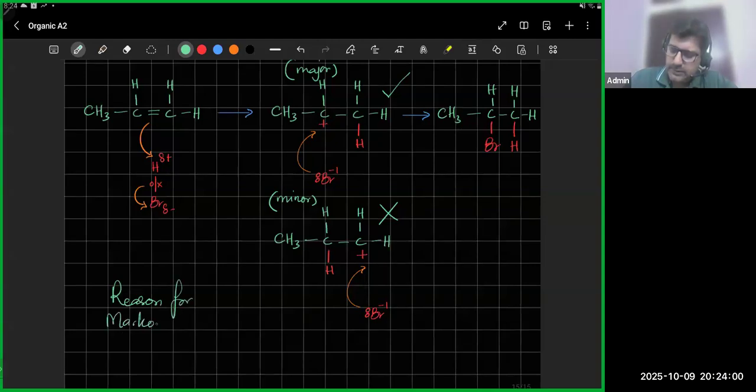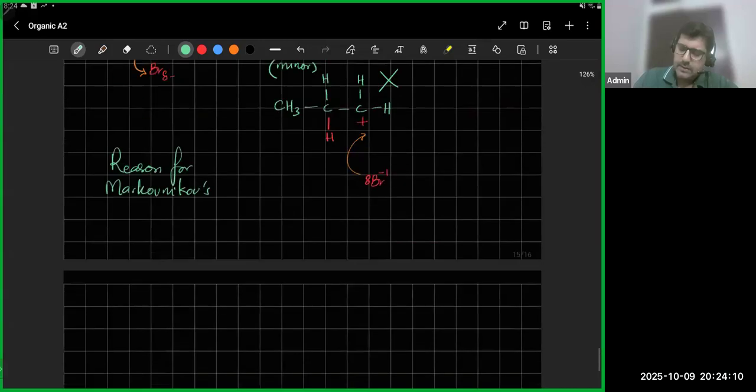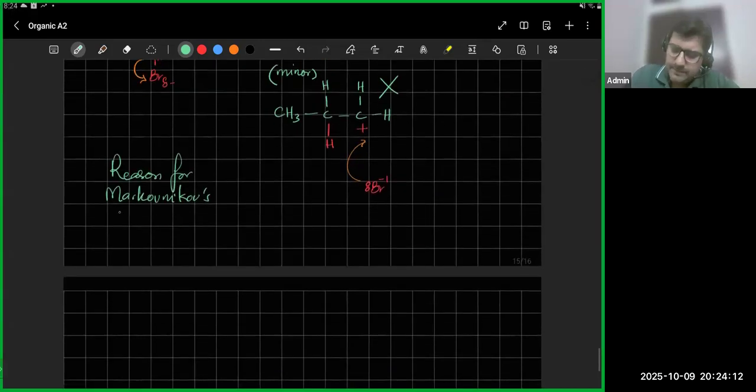If they ask you to explain the Markovnikov's rule, what was it? You get a more stable carbocation if you have more electron donating alkyl chains. So the reason for Markovnikov's rule is that a 3-degree carbocation is more stable than a 2-degree carbocation, which is more stable than the 1-degree. That's the number of alkyl chains that the carbocation is going to have.